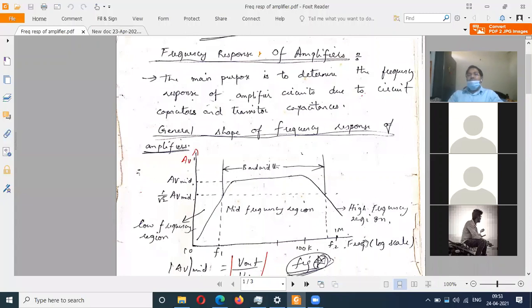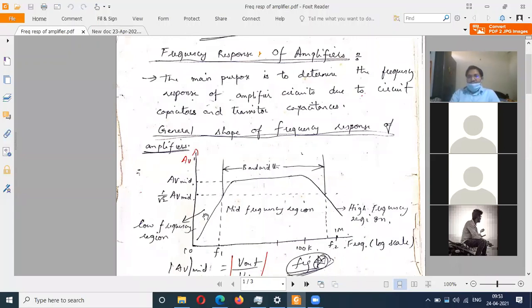Now we will study the characteristics as a whole, taking the low frequency response and high frequency response into account so that our learning will be complete.